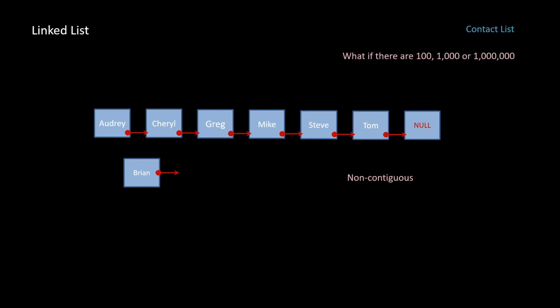You're storing a bunch of variables and you're connecting them all through pointers. And the way that they're connected is through the pointer in each node, through its memory address. So literally, Greg could be 1,000 or 2,000 memory addresses away from Tom, or even 1,000,000 memory addresses away from Mike. Okay?